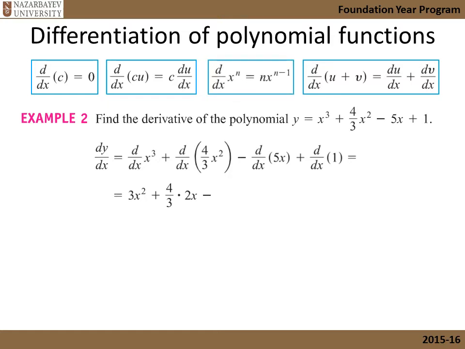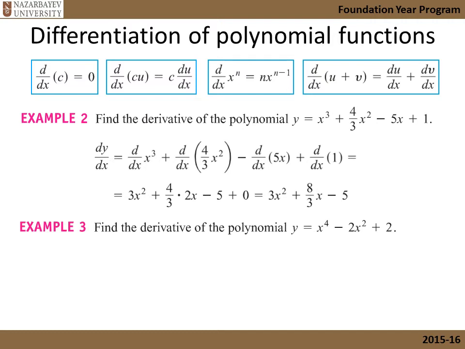And then we can use again the power rule, and we can see that our 5x becomes just 5. And then we use our constant rule, which says that the derivative of a constant is 0, so our 1 after differentiation becomes 0. And finally, we have 3x squared plus 8 over 3 x minus 5.